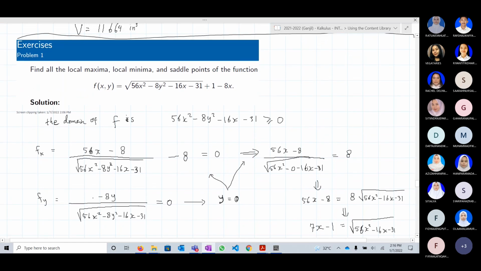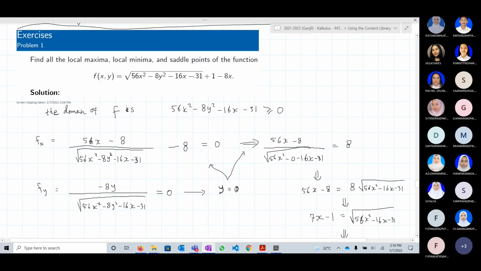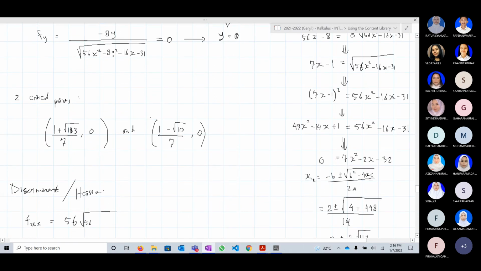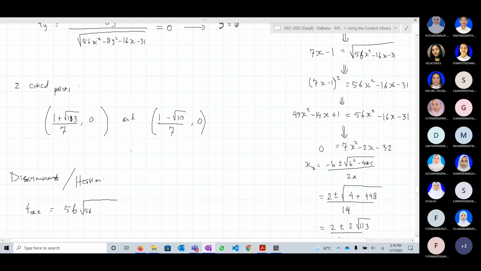I think we need to somehow change this equation because this is too hard. No, this is okay. No, that's also hard. That's fine. Okay. Let's just finish this.